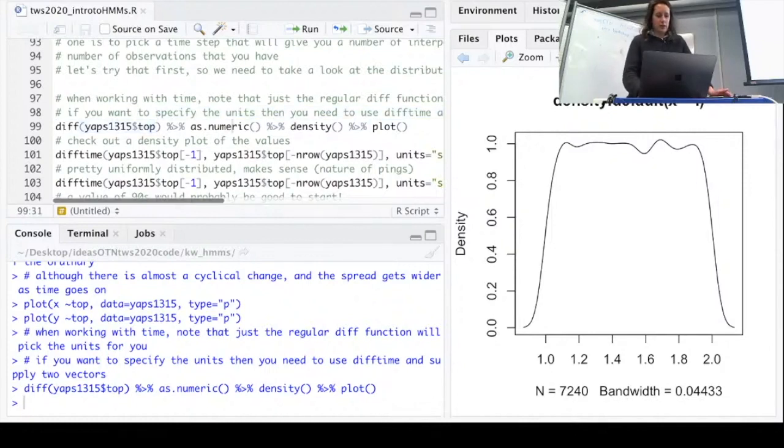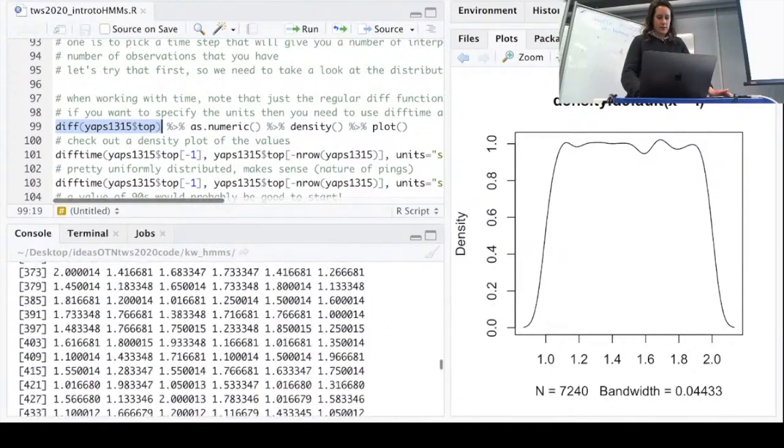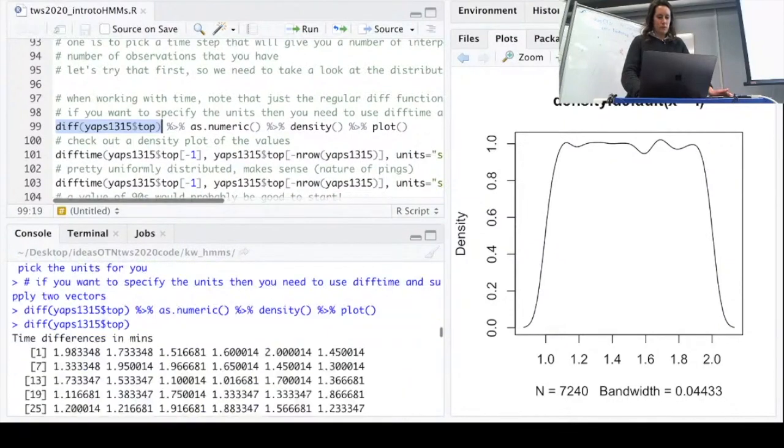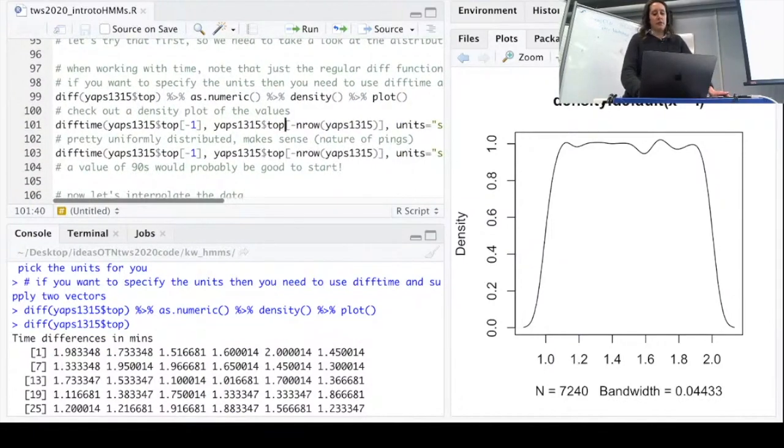And so we see here this is coming out in minutes, I think. Minutes aren't really good to use. I wouldn't use minutes. I normally use either seconds or hours. Obviously, because we're looking at pike, I'm going to use seconds instead of hours.